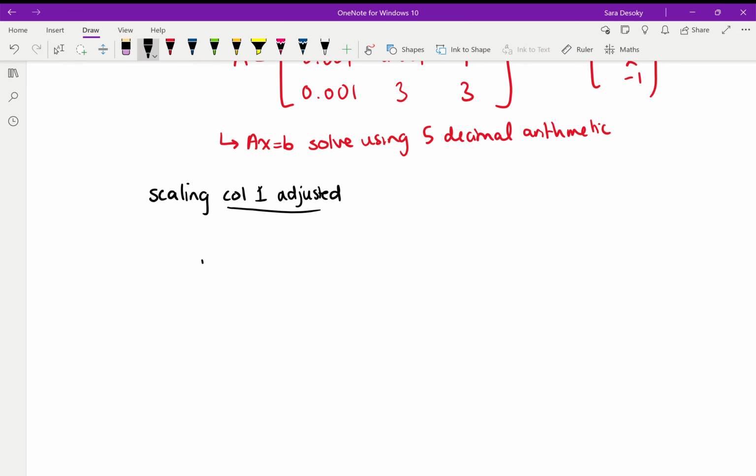Solve the new system for some different answer equals b, and then convert y, get x from y. And what would it be in this case?